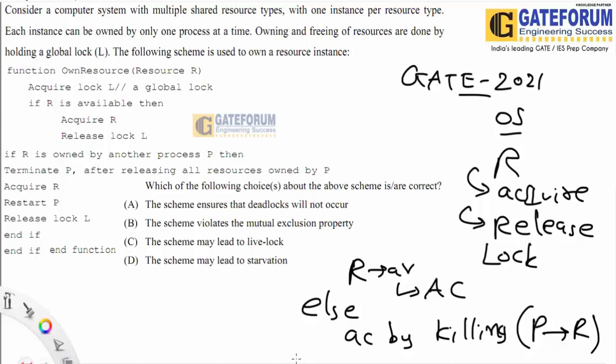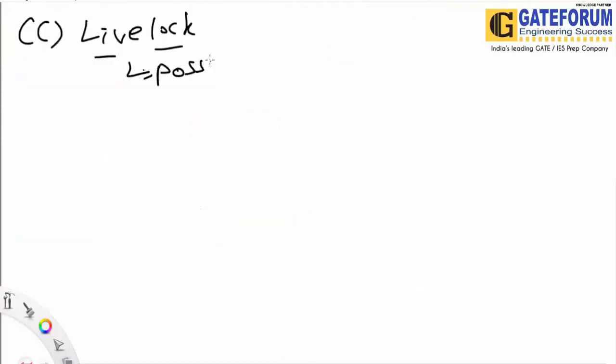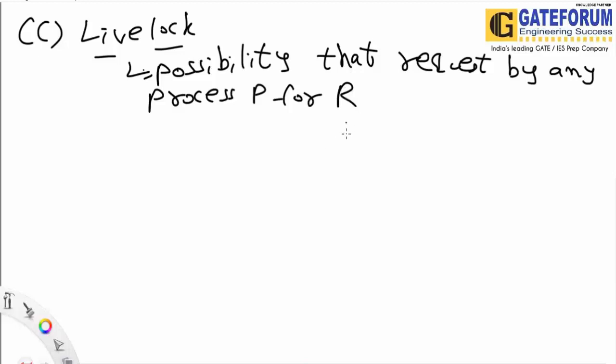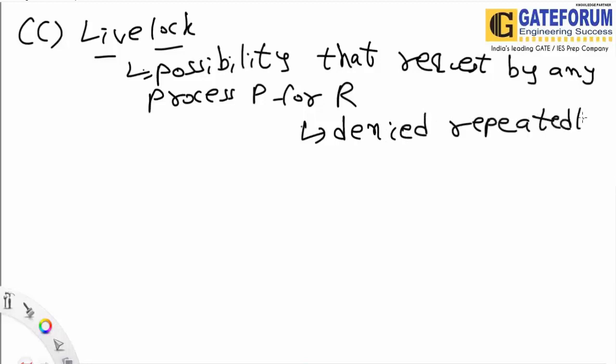So there is a possibility that the request by process P for R is denied repeatedly. Every time it requests R, somebody else might take R, or if it already holds R, somebody else might terminate it. So livelock here is definitely possible.